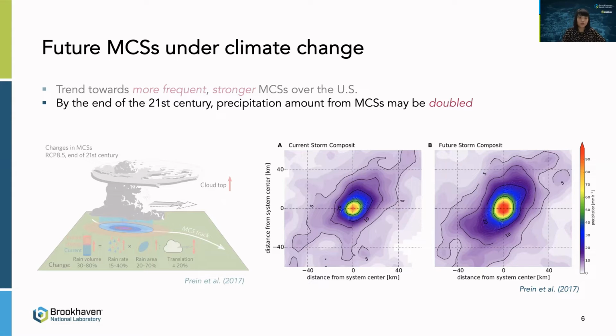According to their prediction, by the end of the 21st century, extreme MCSs may produce twice as much precipitation compared to today. So it's concerning because you can imagine the flooding risk could be more severe than anticipated.